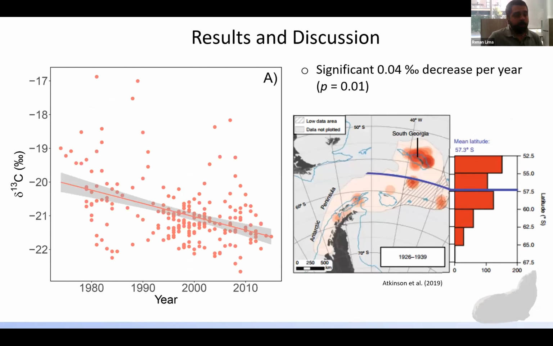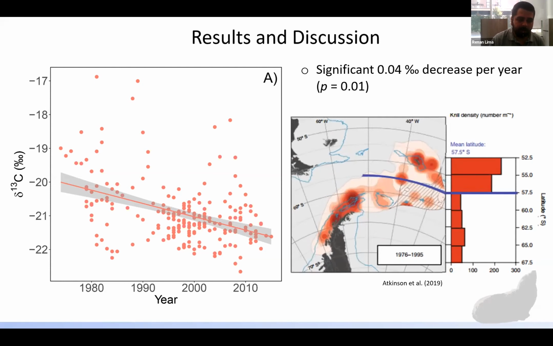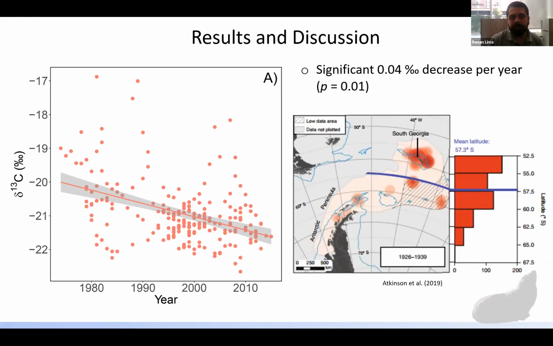So we could detect a strong effect of year on the long term, considering the whole data set from the 70s up to 2015. And it is important to emphasize that our carbon data was corrected for the Suess effect. And this temporal decrease of delta 13C was of almost 0.04 per mil per year.